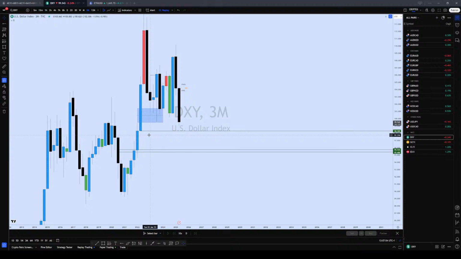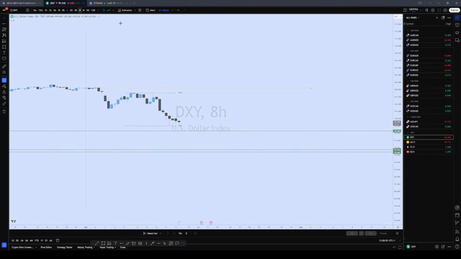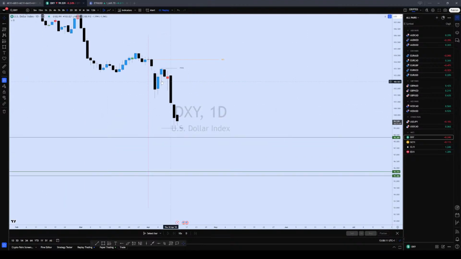So we're going to be expecting a continuation to the downside on the weekly time frame. So this week we are expecting lower prices, and on the daily we do have this volume imbalance.